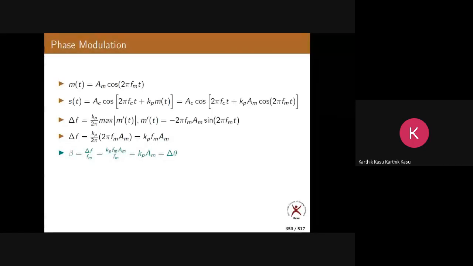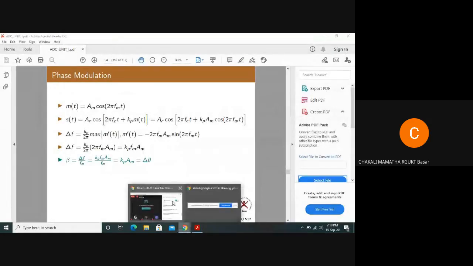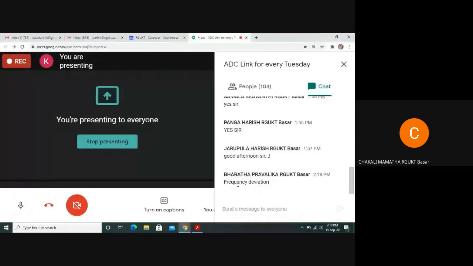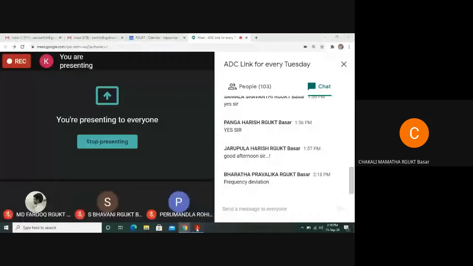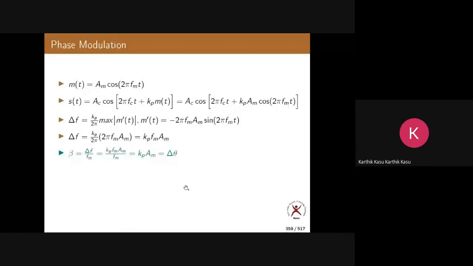Maximum frequency deviation. Okay. So here delta f is called the peak frequency deviation.